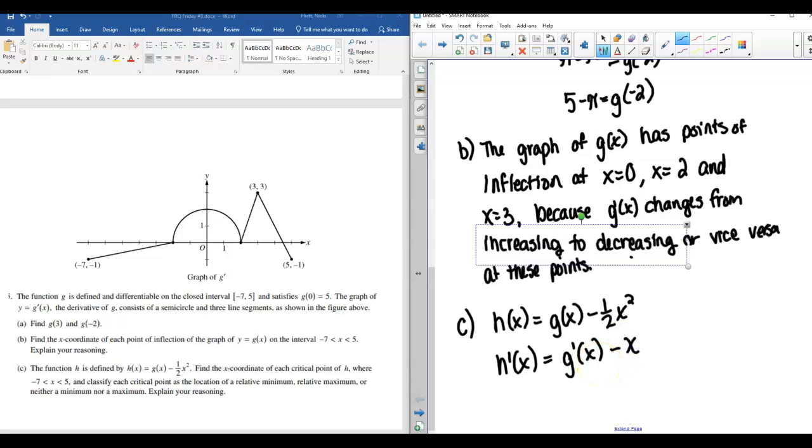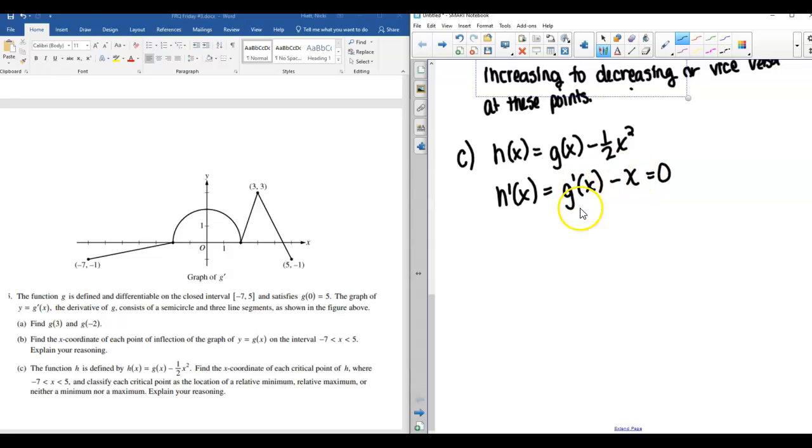So right here is our first derivative, and we want to see where that first derivative equals 0. This is not something we can necessarily solve so easily, but I could say that this is where g prime of x equals x.